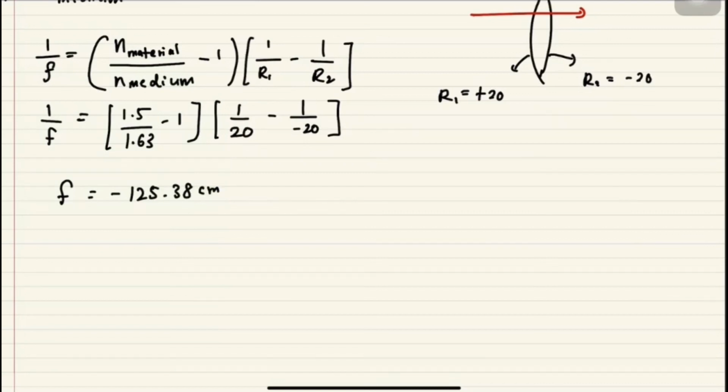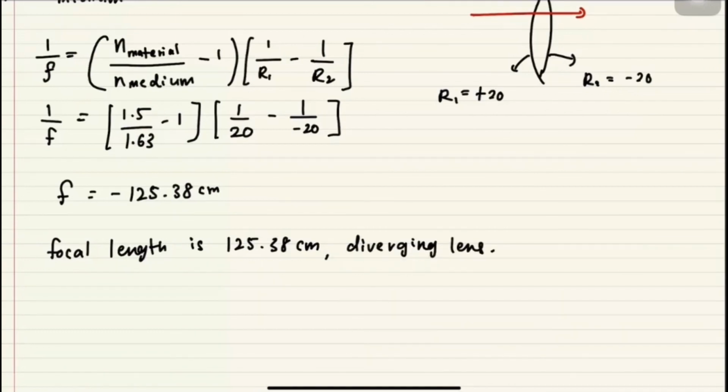So we can answer focal length is diverging lens. Okay. So bila saya turun dengan positif and then saya sebut dia punya type of lens tu. Any question you want to ask?